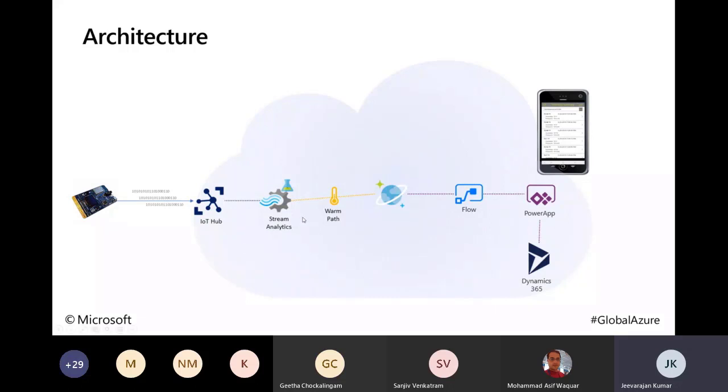And then the same data is sent to Cosmos DB and also to Power BI. I have not mentioned the Power BI here, so I just added that. So we have another Stream Analytics to send it to Power BI as well. And from the Cosmos DB, the Power Apps retrieves the same data through Flow, Microsoft Power Automate. But this can be extended with Dynamics 365 as well, but let's not go into detail on that now.